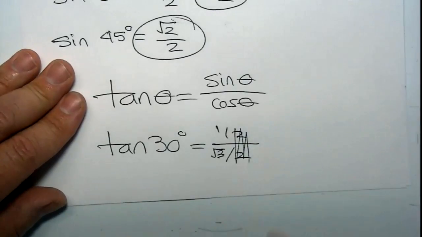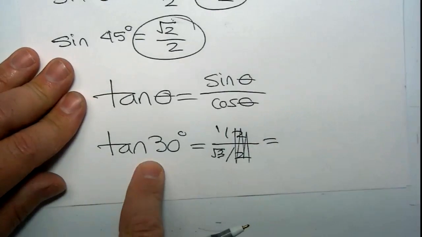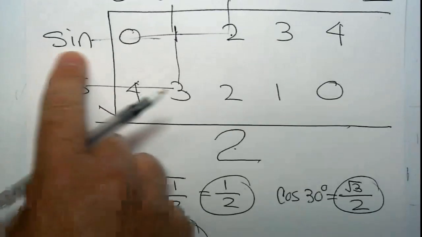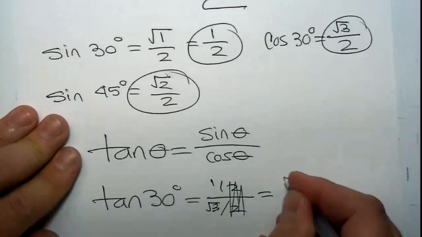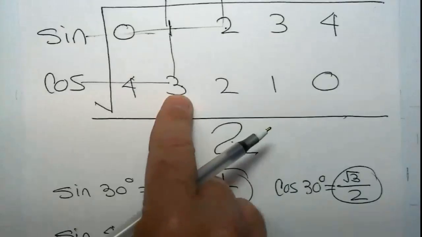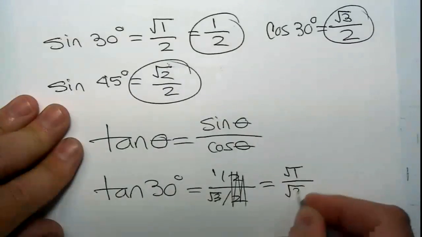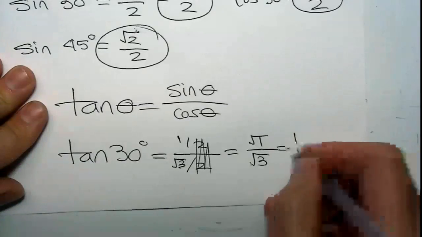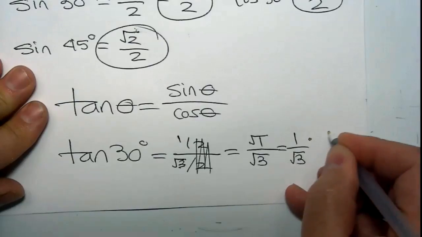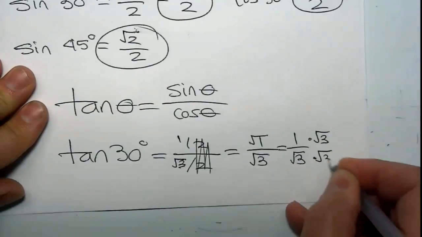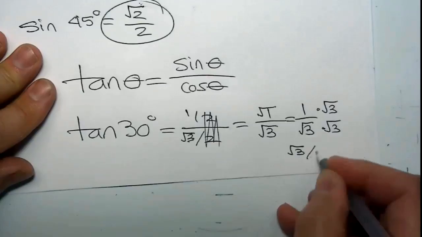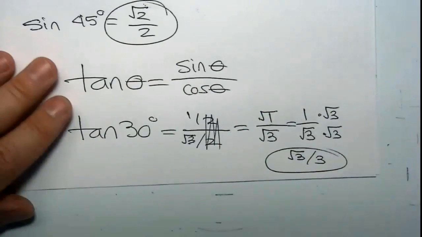We don't even need the divide by 2. So if we do this again, tangent of 30 looks like this. Sine, square root of 1. Cosine, square root of 3. You don't even need the divide by 2. So I get 1 over radical 3, and we do some cleanup here, and we get square root of 3 over 3. And that indeed is the tangent of 30 degrees.